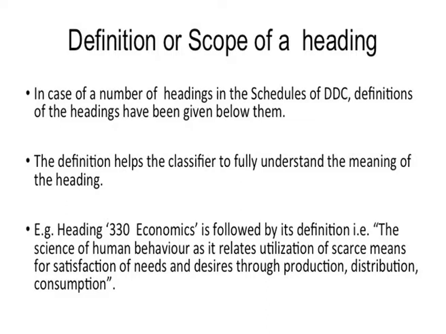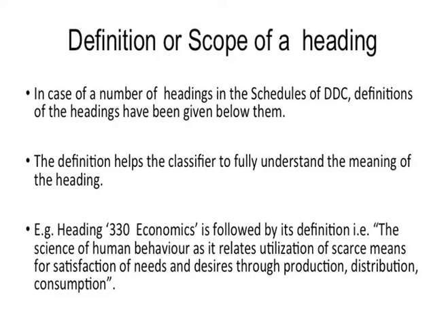For example, we take the heading 330, which is economics. The subject economics is covered under 330 in DDC. This heading 330 economics is followed by its definition, that is, what economics is.